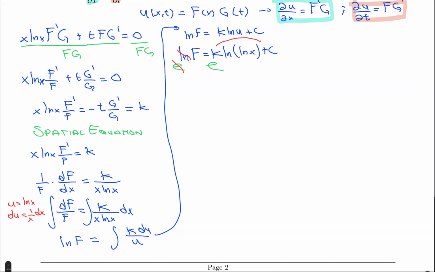So doing the basketball for the coefficient, f equals e to the ln of x quantity to the k power. And what about e to the c? That e to the c will be simply another constant c. So actually we can cancel e with ln, and this is c times ln of x to the k.